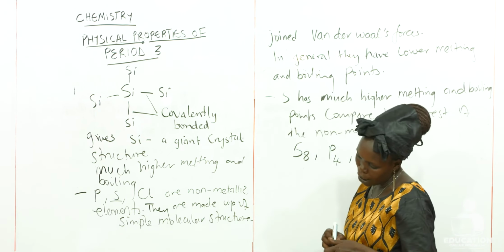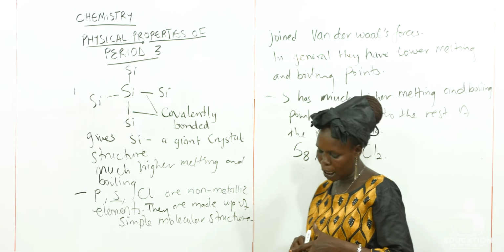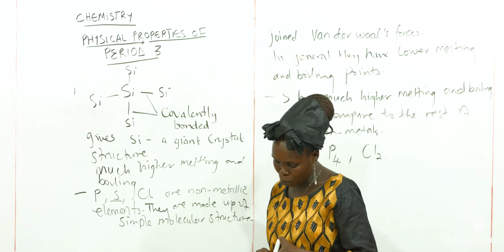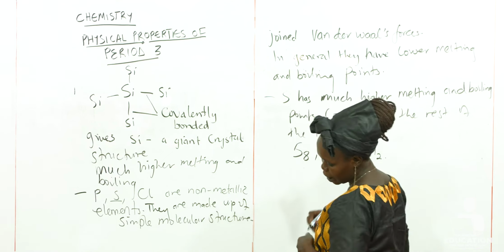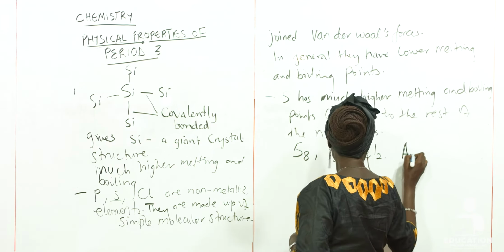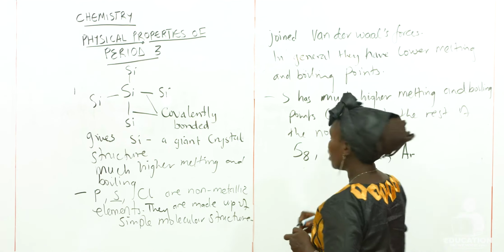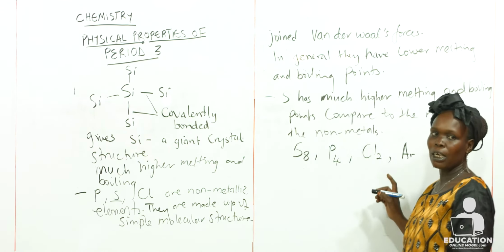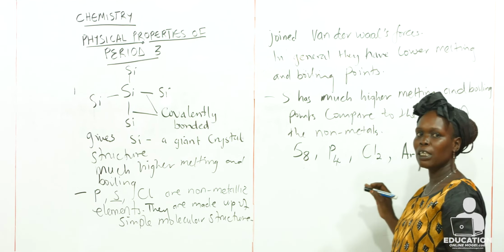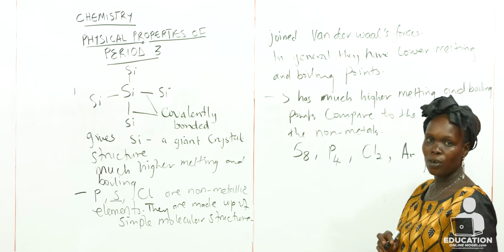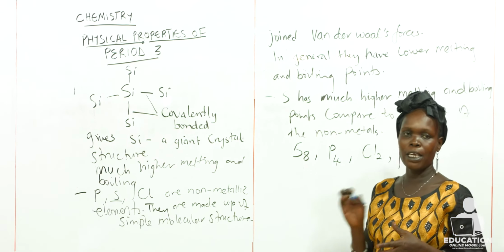Chlorine has 2 atoms of chlorine bonded together to form chlorine molecules, while argon exists as a single atom. These are known as inert gases, and their outermost shells are already filled so they cannot bond with any other element or with themselves.